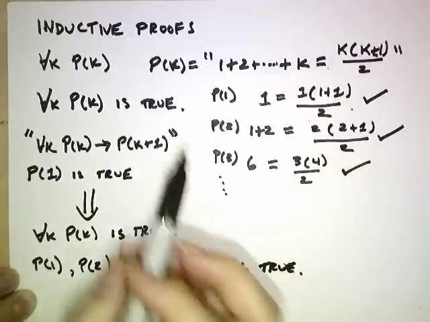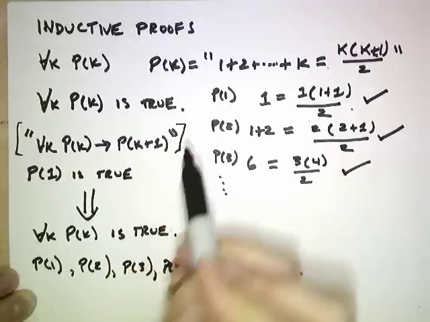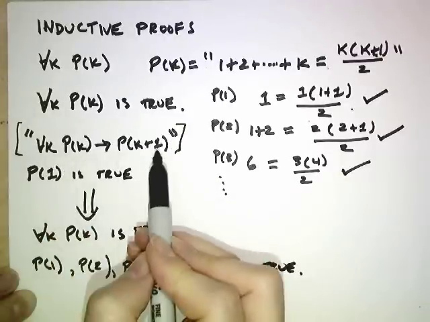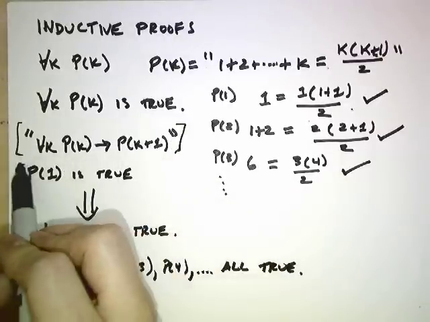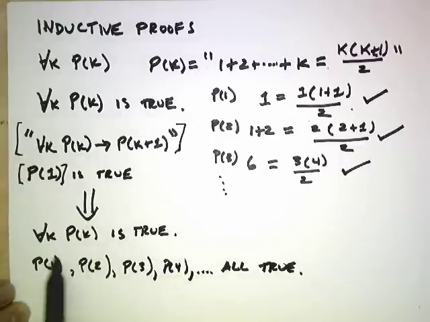Let me repeat myself. If you can prove for all k, P of k implies P of k plus 1, and you can prove that P of 1 is true, it implies that for all k, P of k is true. And remember, that's initially what we wanted to prove.